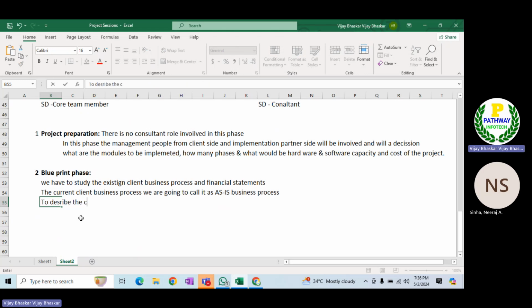The first one would be to describe the current business process.